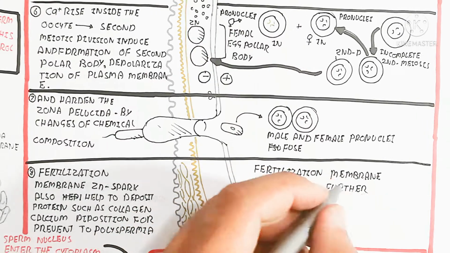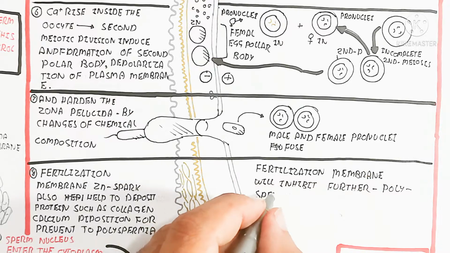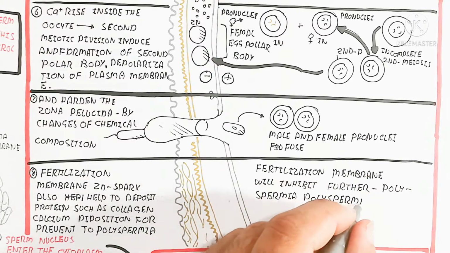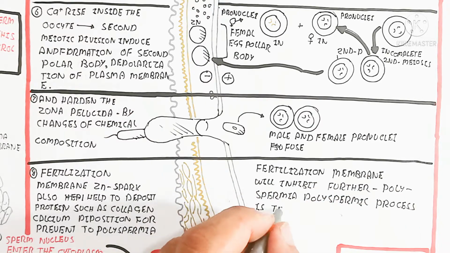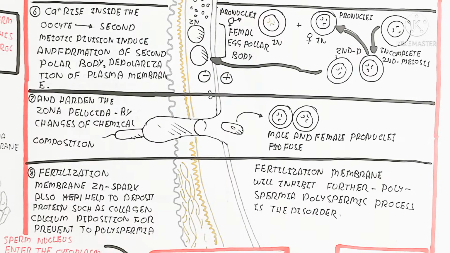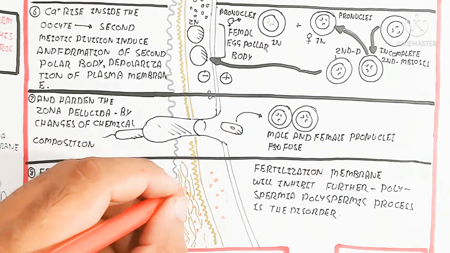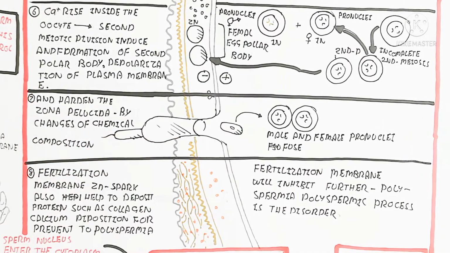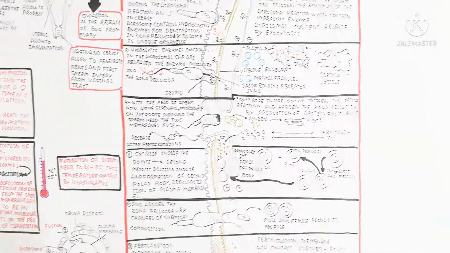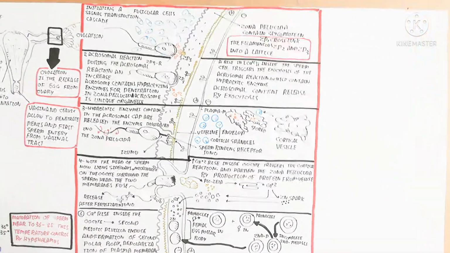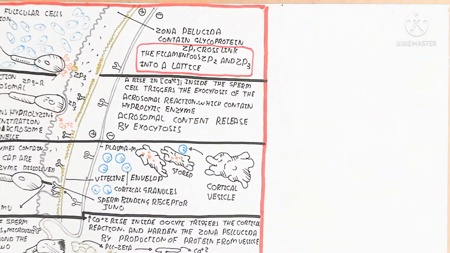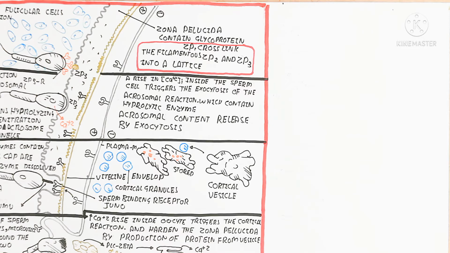Why? Because it inhibits further sperm entry. So the fertilization membrane will inhibit polyspermy, and a polyspermic process is a disorder which is unable to grow normally. So that was the process of fertilization, the 8th step.